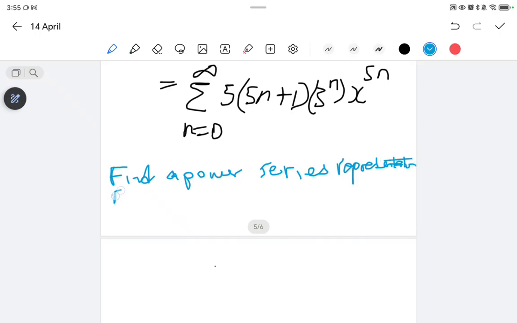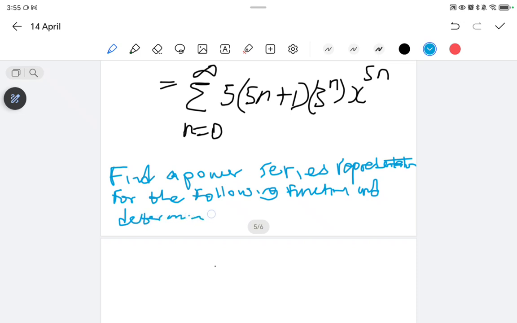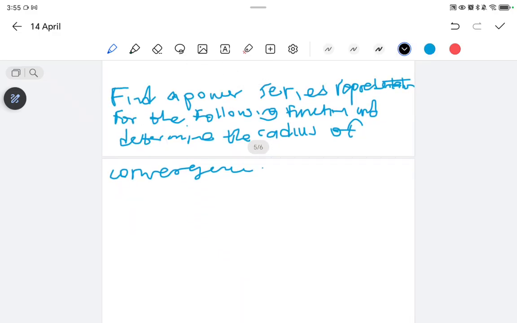So we should find a representation for the following function and determine the radius of convergence. You see, right? And the function is as follows. We say that g of x is equal to 1 over 1 minus x squared.